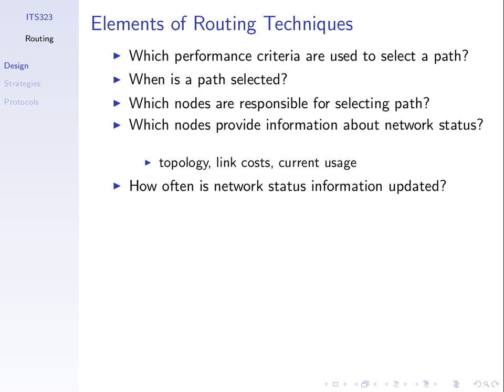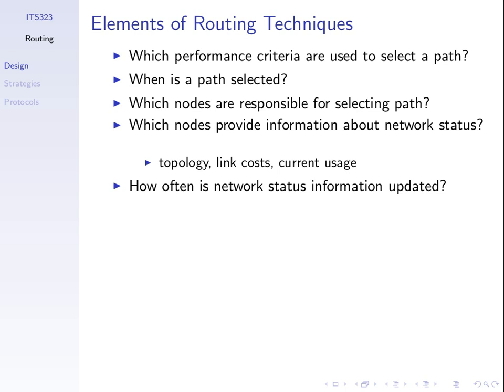Again, for node 1 to select the path to node 6, it needs to know that there are these other nodes in the network. It needs to know that node 5 has links to 4, 3 and 6. And to select the best path, node 1 needs to know that node 5 has these links and the costs of those links. So the information about the network topology, the nodes, the links between the nodes, the link costs, so links have some cost assigned to them, and the current usage.